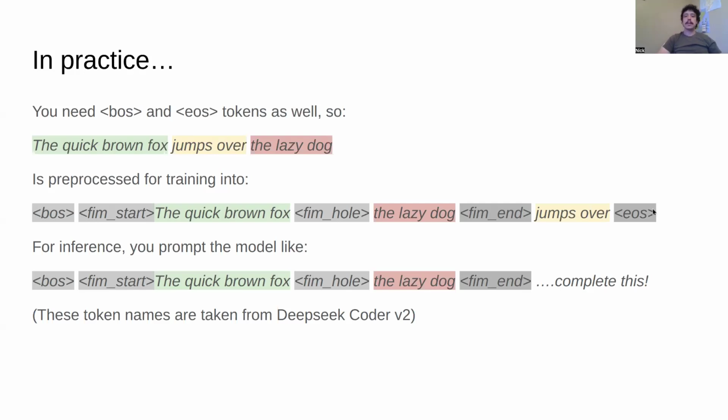And really, the difficulty after that is once you get it to understand that you're filling in the middle. It is pretty good at continuing after, for example, the green part, the prefix. But it takes a while for it to figure out, oh, and also I have to end up here, right?